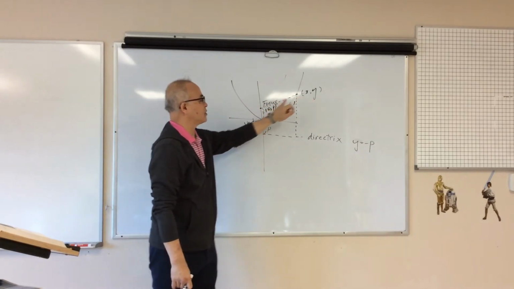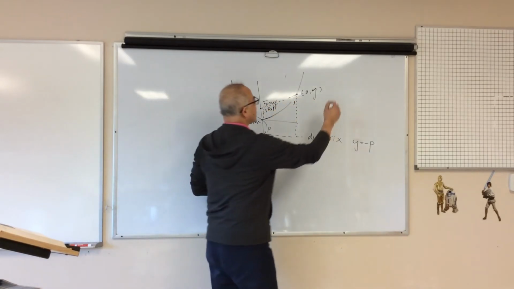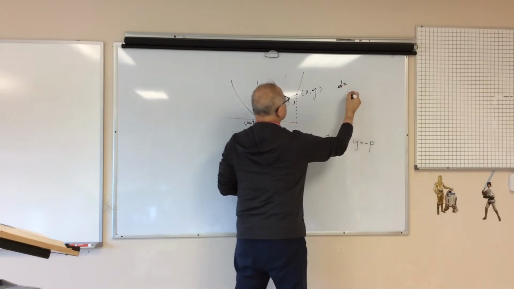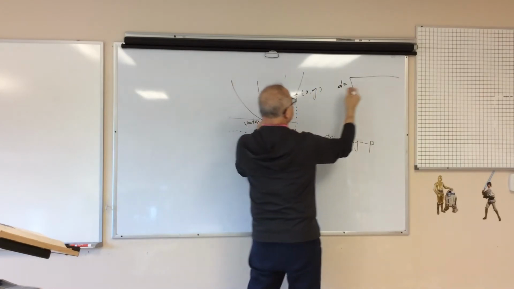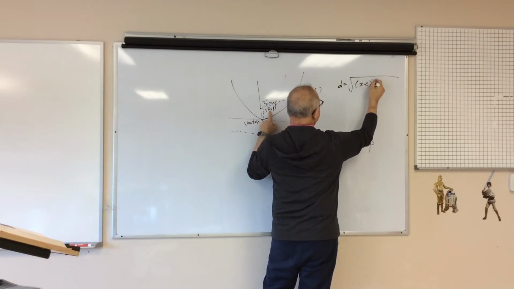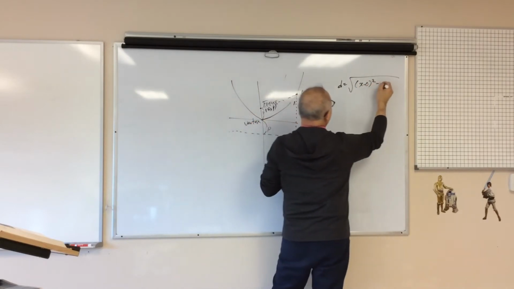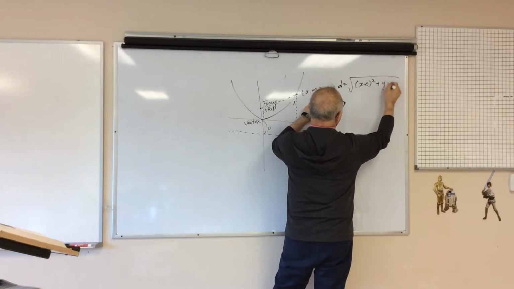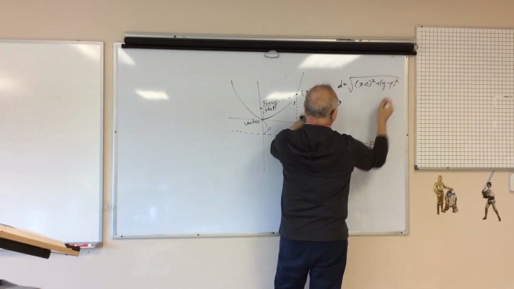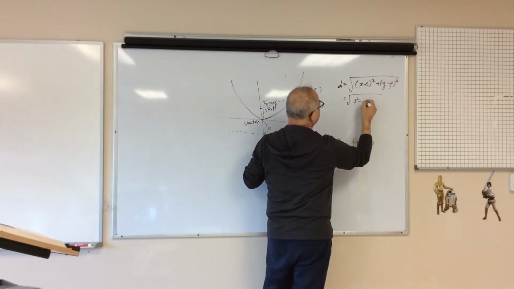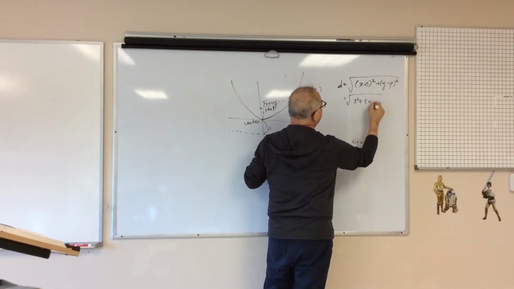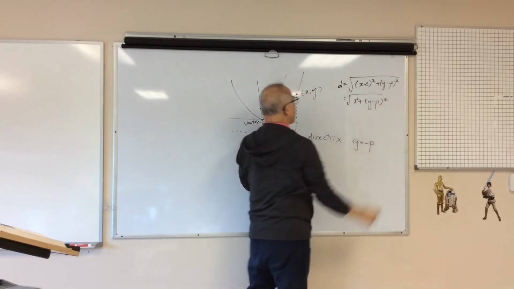The distance formula says distance is equal to the square root of (x minus 0) squared plus (y minus p) squared. So this is going to end up being the square root of x squared plus (y minus p) squared.